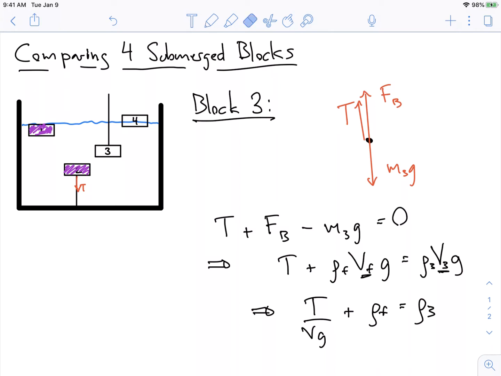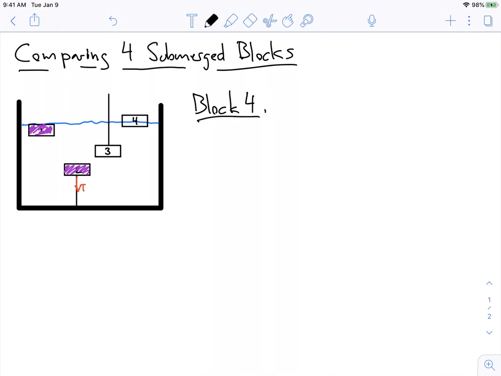So let's look at block 4 now. Block 4 is one that we've come up with many times. The volume of the displaced fluid in this case is less than the volume of the object.